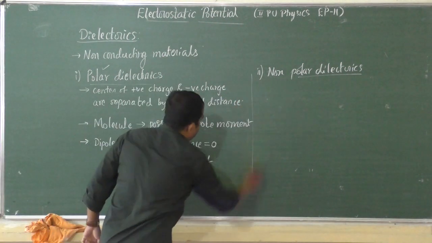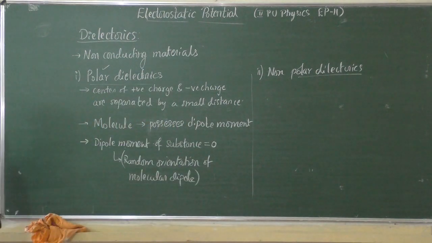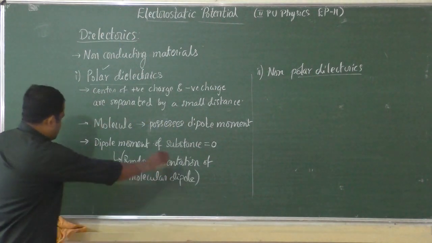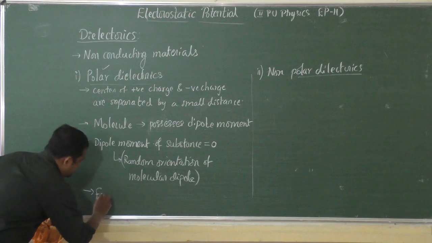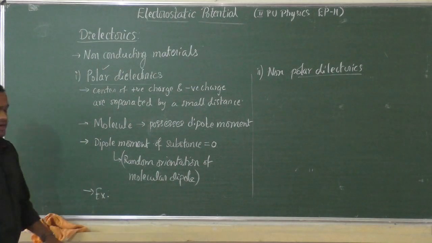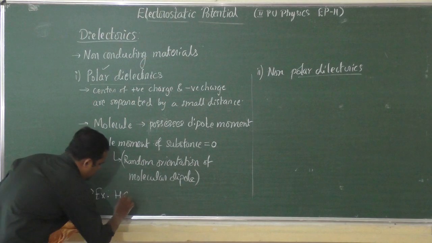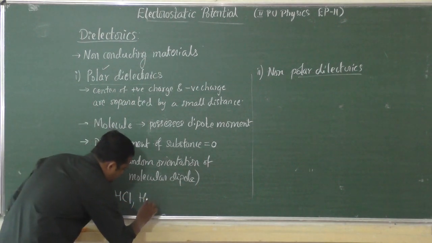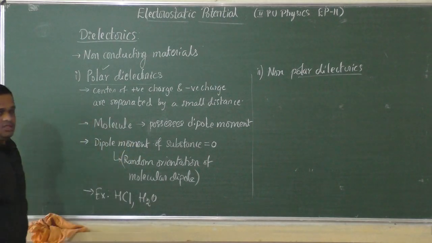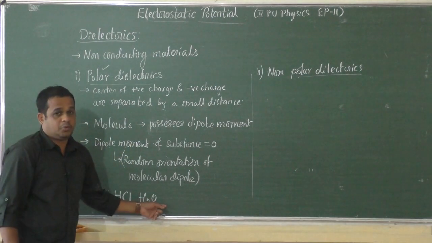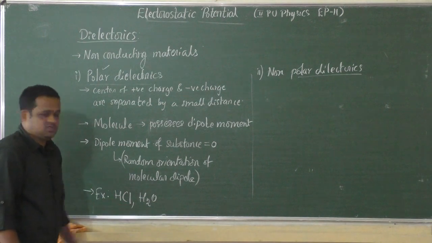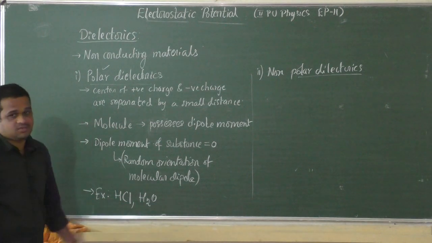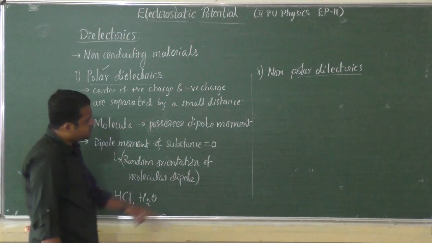That is the case of polar dielectrics. If you want examples for polar dielectrics: HCl molecule, hydrogen chloride, then the water molecule, H2O. These are all examples of polar dielectrics. In this case, individual molecules will possess dipole moments.